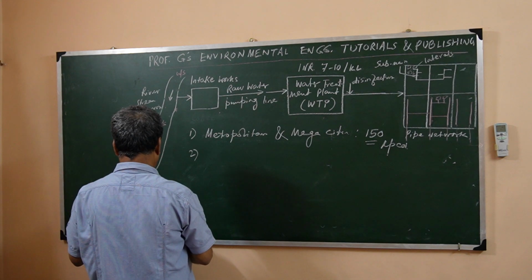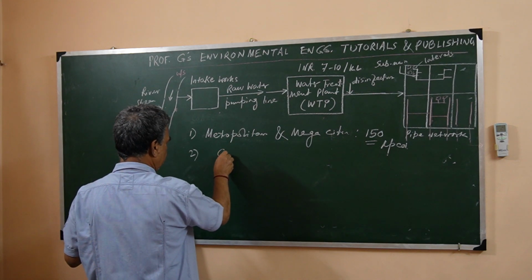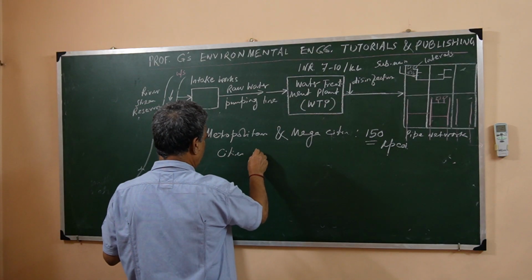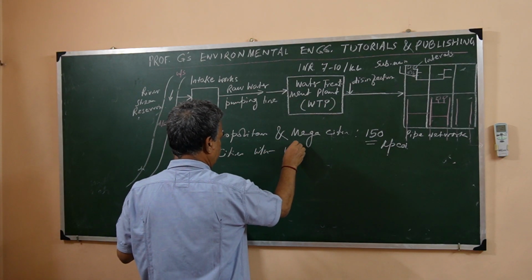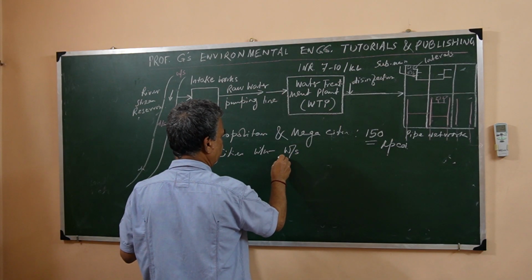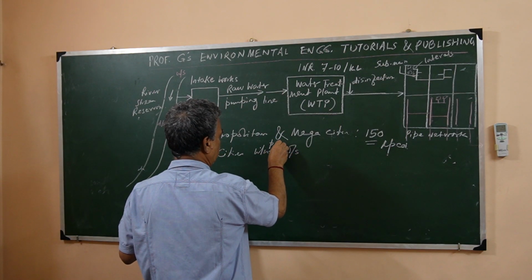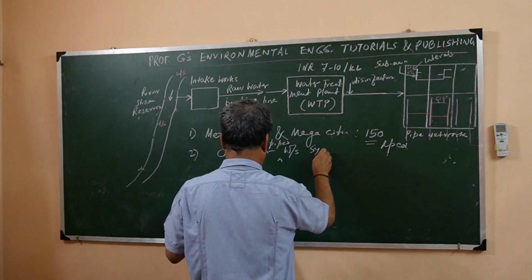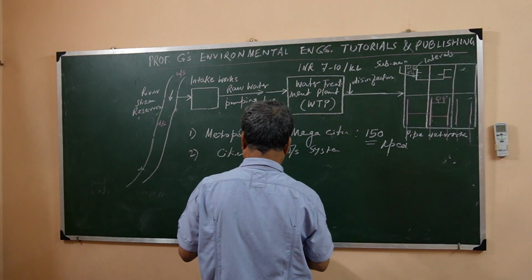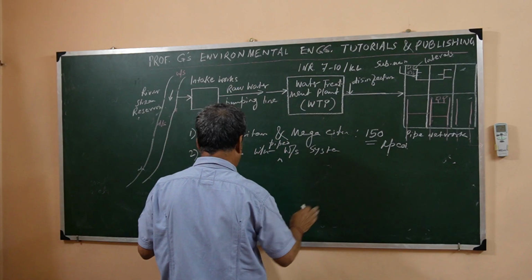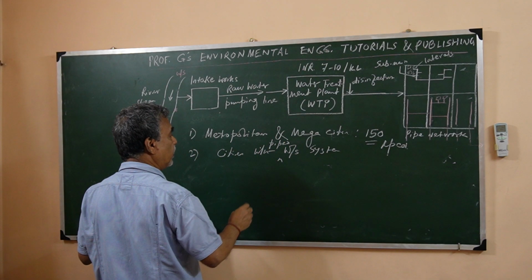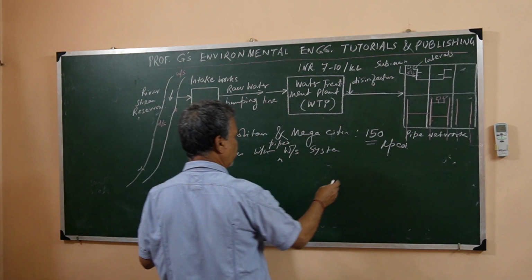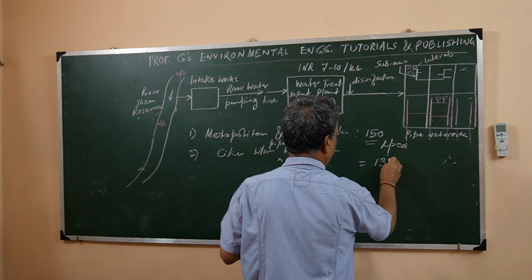Second is cities with piped water supply system, where a proper sewerage system exists also, but which are non-metropolitan or non-mega cities. I am not elaborating because this will take time. In that case, 135 LPCD is taken.